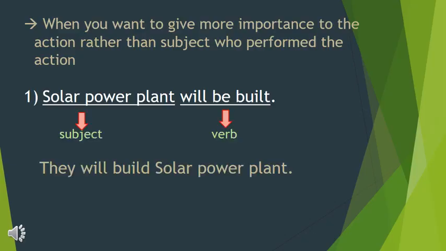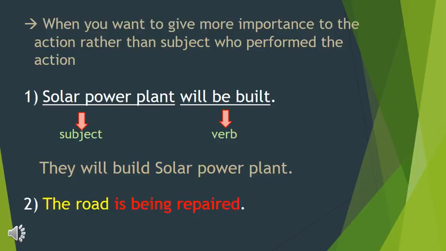The same sentence can be written in active voice as they will build solar power plant. In passive voice, we are giving more importance to the solar power plant being built. Least concern about the person who is building it. So, we are giving more importance to the action that is performed on the object rather than who is building it.